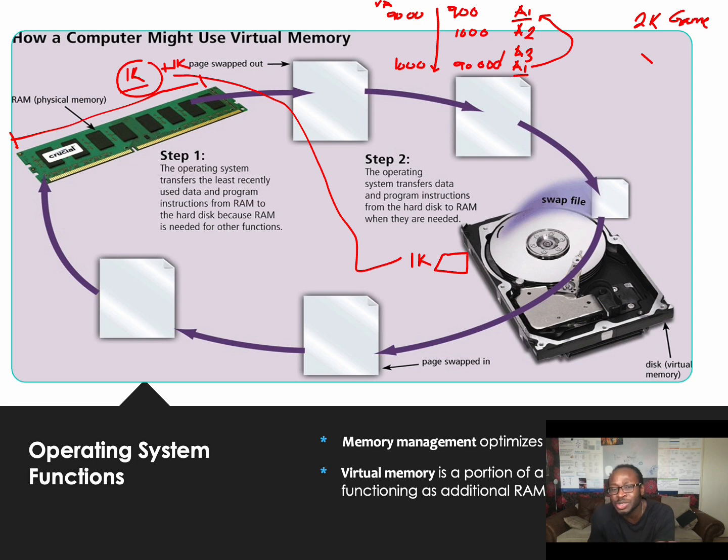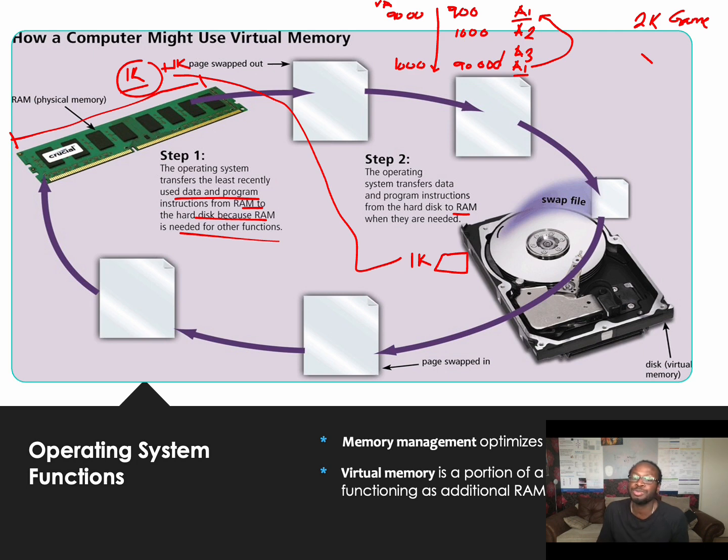That helps to understand, and I'll read a bit more detail on what the actual written concept is. The operating system can transfer recently used data or program instructions from memory to the hard disk when the RAM needs space for other things. In step 2, the hard disk can also transfer these instructions from the hard disk back to the RAM. So it's simply RAM appearing as if it's bigger than it's meant to be, and that becomes virtual memory.